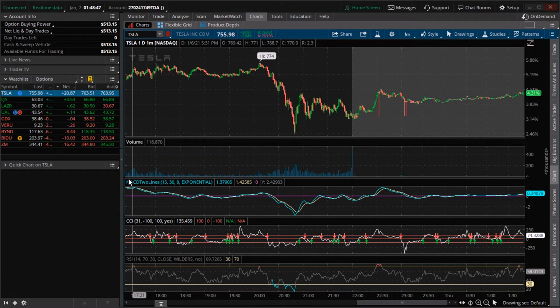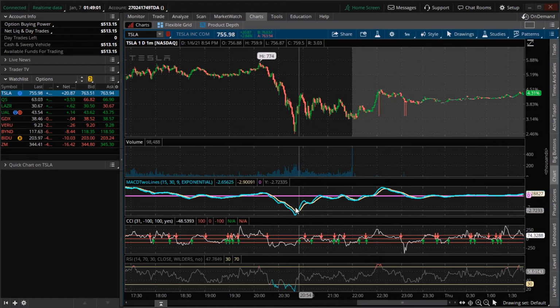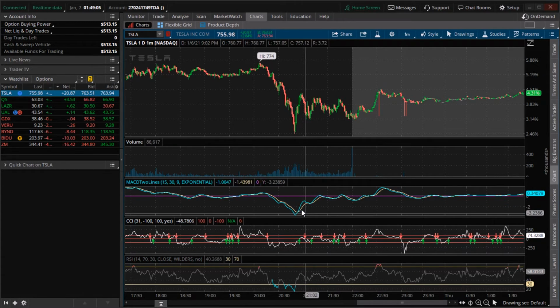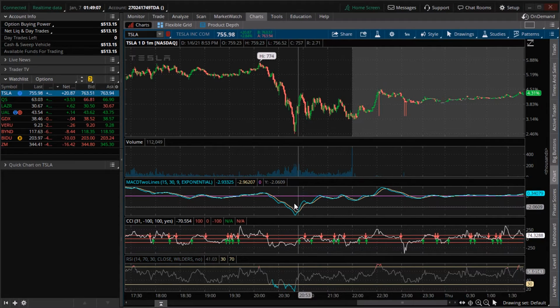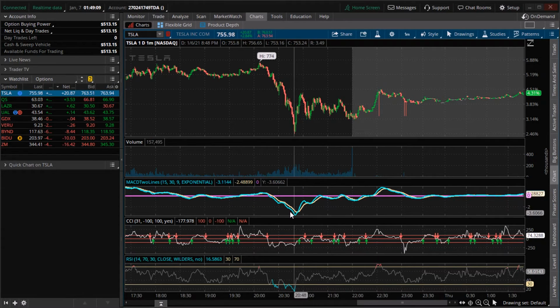And this is the MACD, or we call it moving averages, exponential moving averages, and it's in two different time periods. So there's a 9-day moving average, 15-day, 30-day, etc. This smaller, bluer one is the 9-day, and I can tell because its price action moves a lot more sharply than the smooth yellow one.